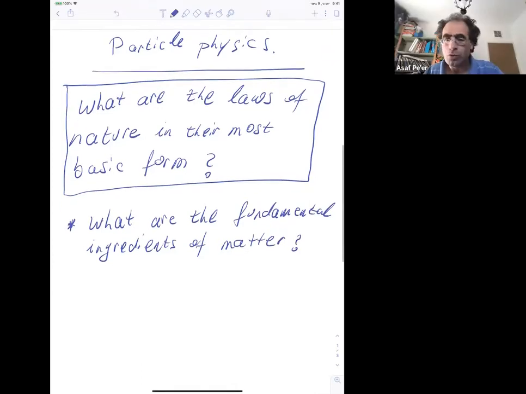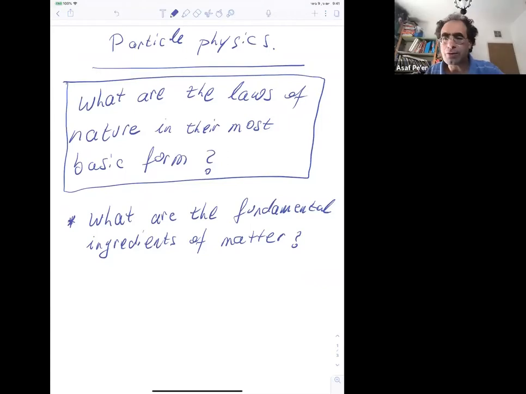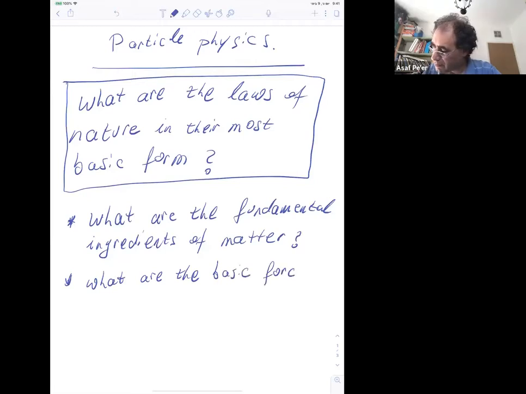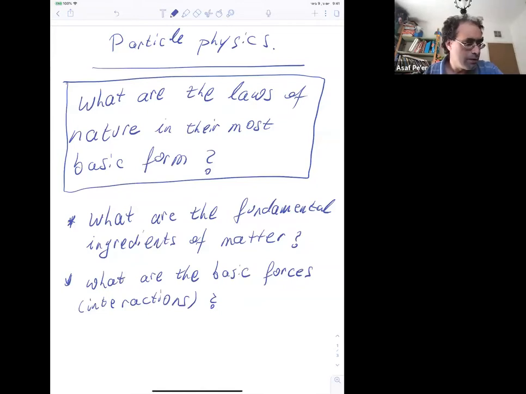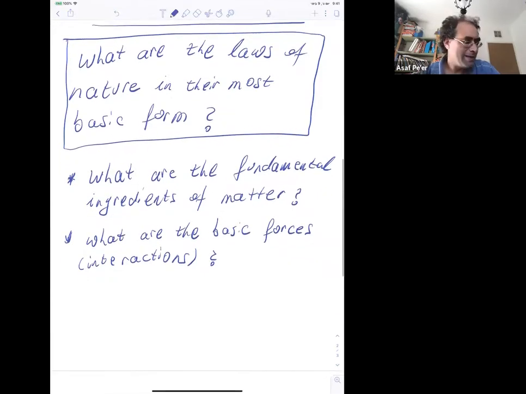What are the basic forces, the basic interactions that act among them? What are at least some of the principles that lie behind these laws of nature?